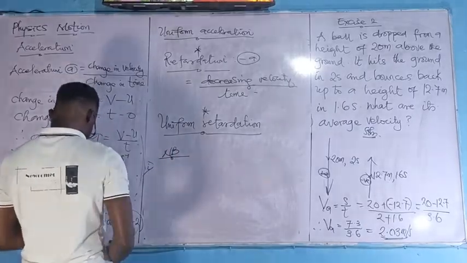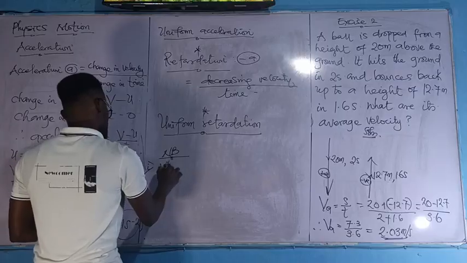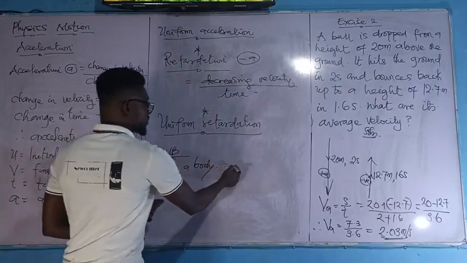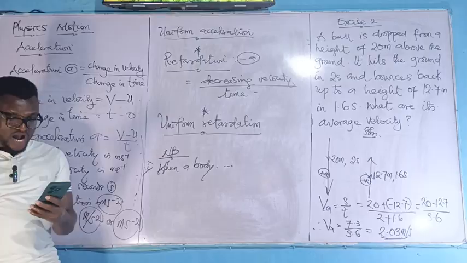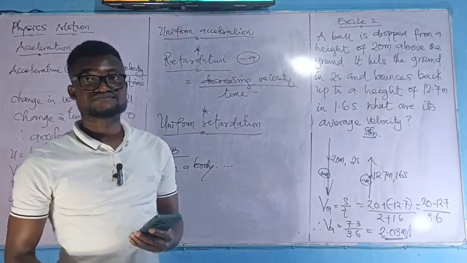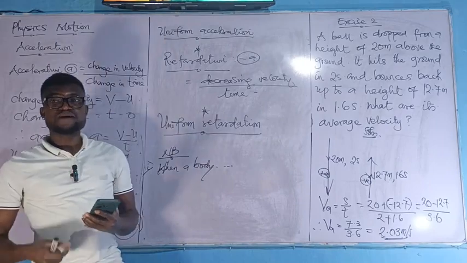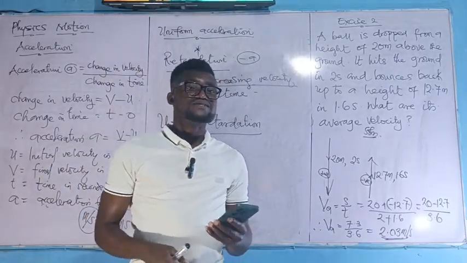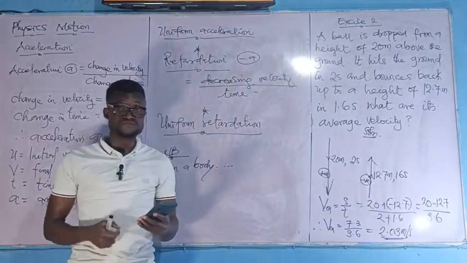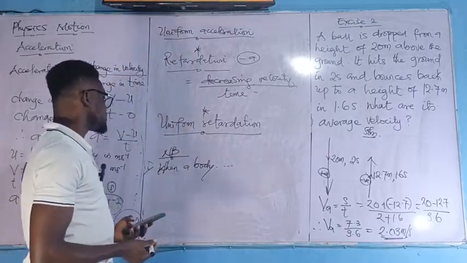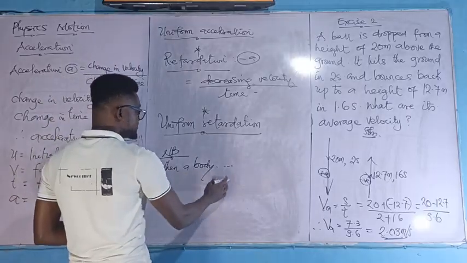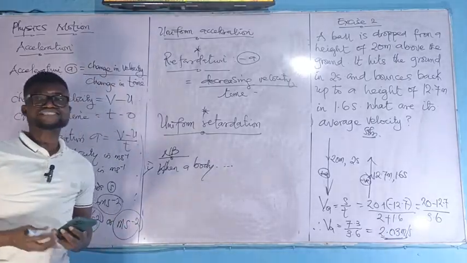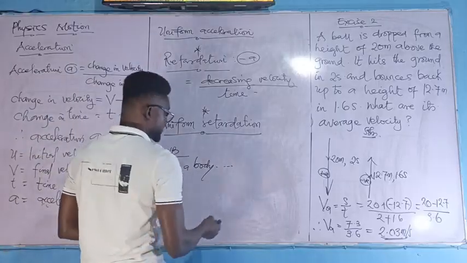Number one, when a body starts moving from rest, its initial velocity becomes zero.